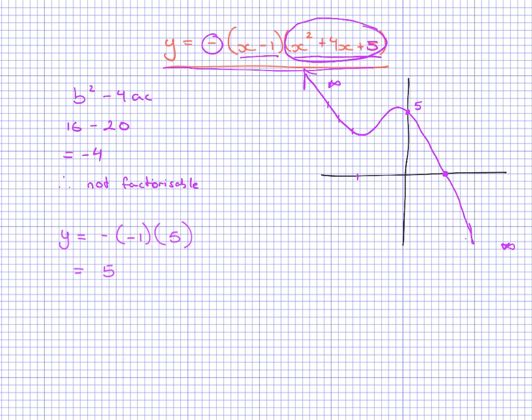But you need quite a few of them to get a really accurate picture of this graph. Far better thing to do is to use your CAS calculator to analyze for the max and the min to find out where the turning points are, and then plot those on your sketch. So if I was to enter this, analyze the graph, find out what it is, and then label it on my sketch, that's a far better, more efficient way of doing things.